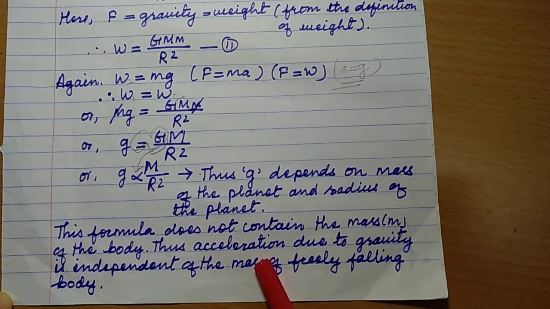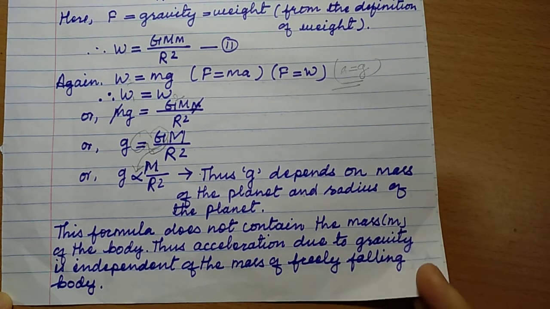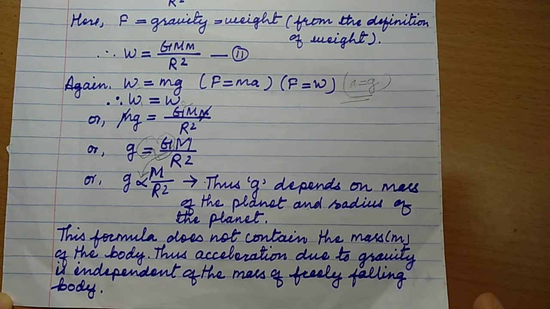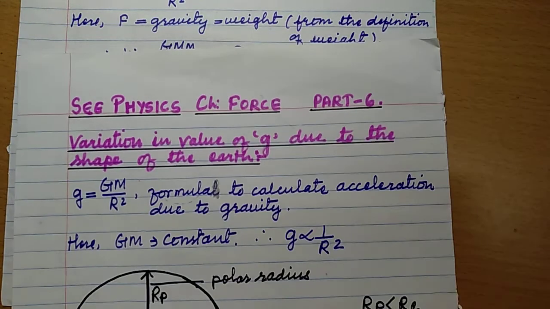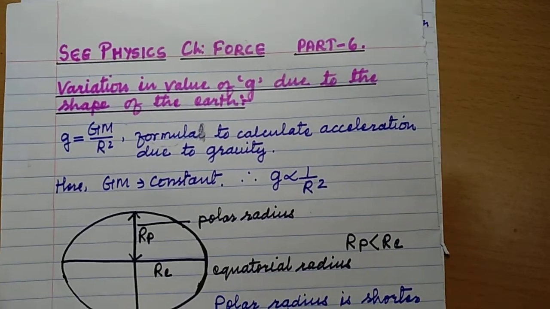That is why we say acceleration due to gravity does not depend on mass of the freely falling body. For a small body falling down to the surface of the earth, small m, the mass of the body, is not responsible for acceleration due to gravity. Acceleration due to gravity is determined by mass of the planet and radius of the planet. That's all.